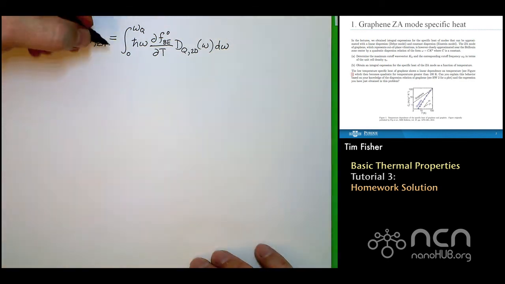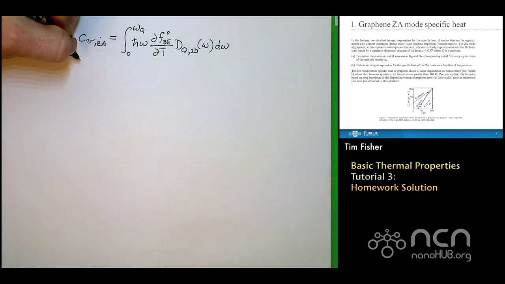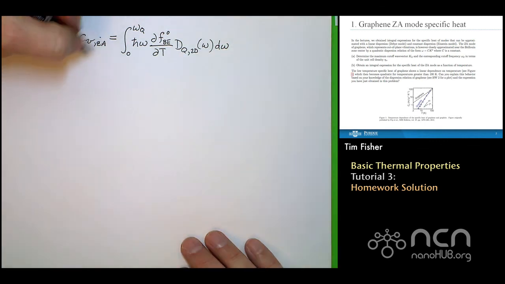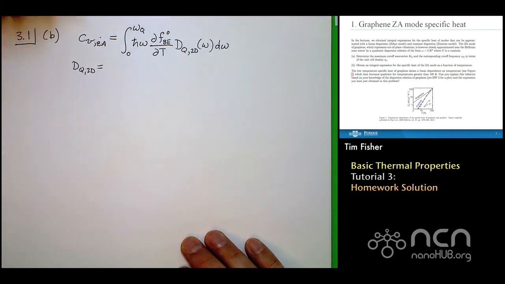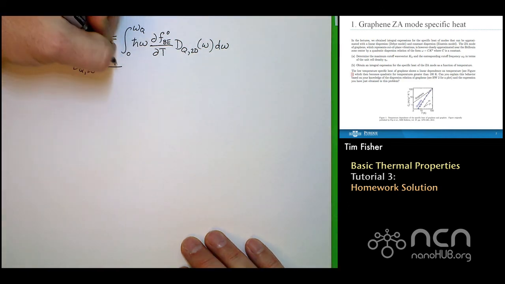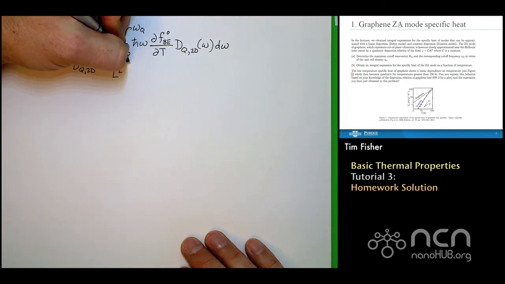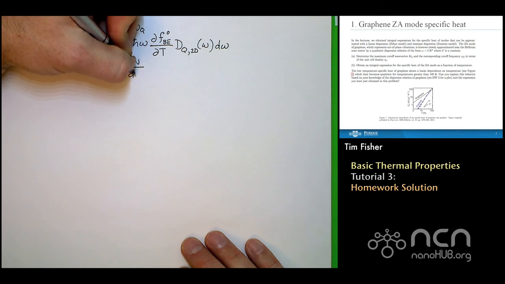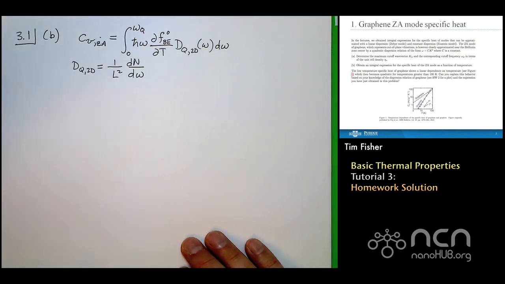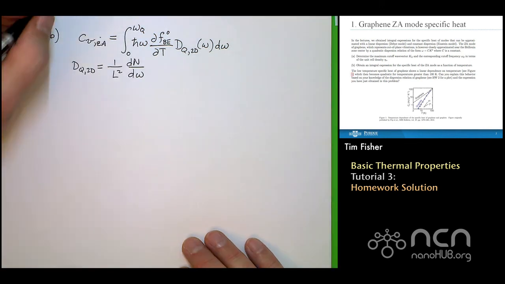Now, we have to figure out what this density of states is supposed to look like. So the fundamental definition is 1 over L squared times the derivative of the number of allowable states with respect to frequency.